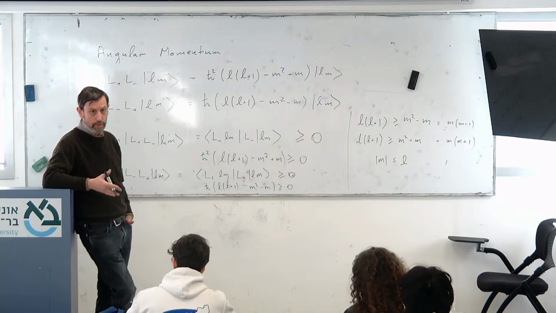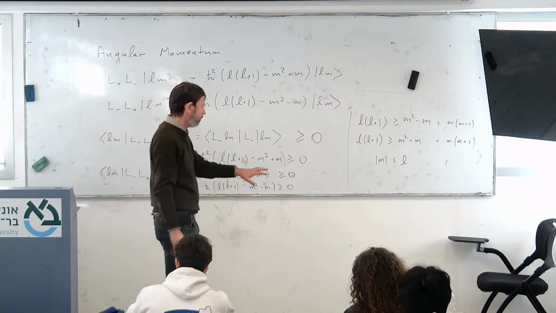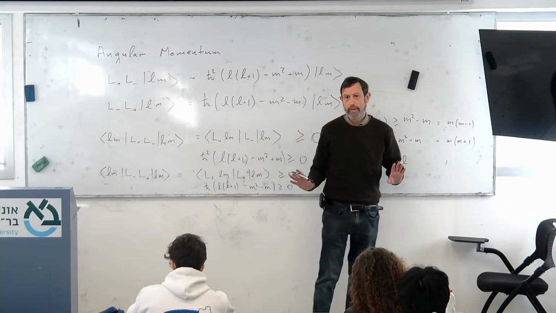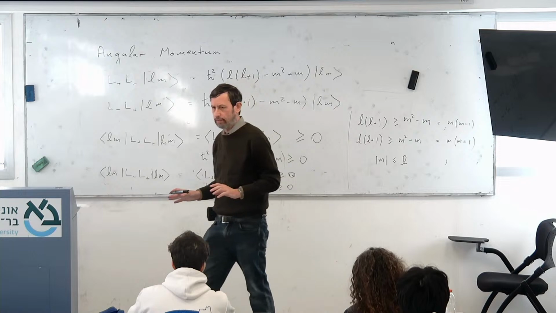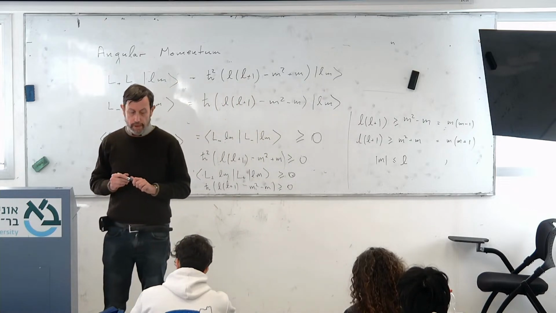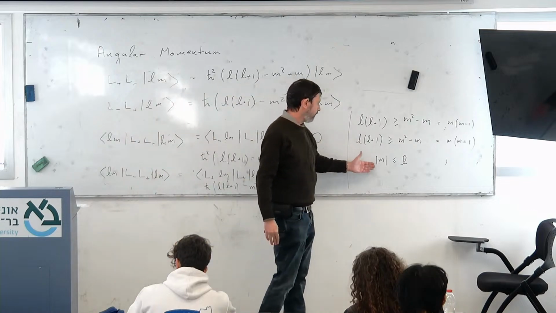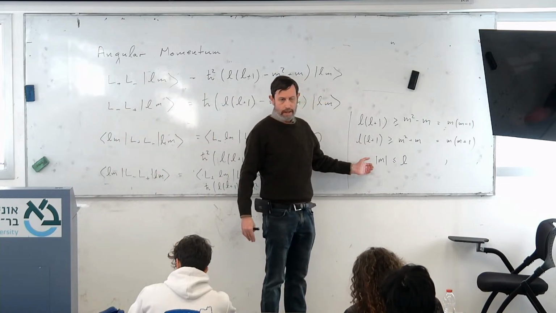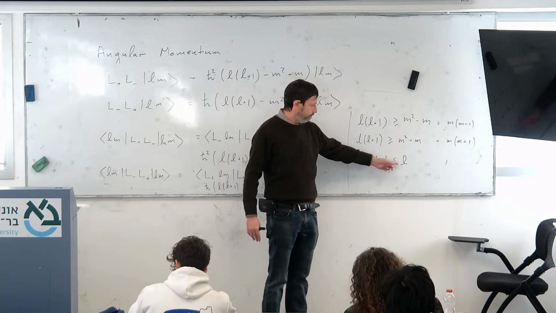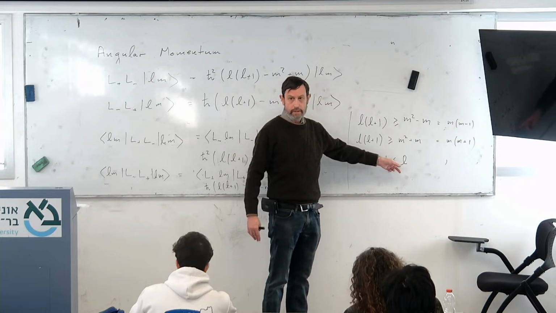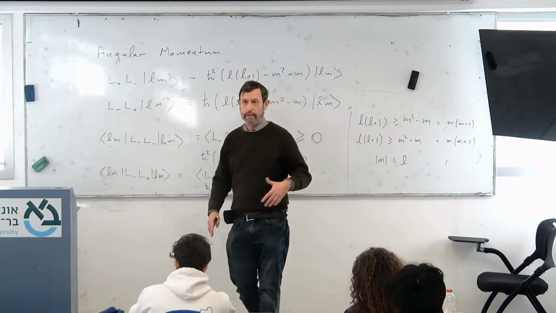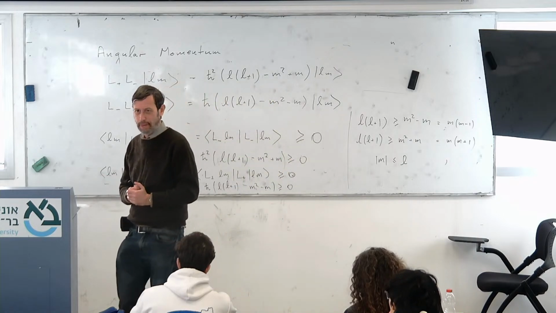So the degeneracy and everything that you have learned is a property of angular momentum, not of something else. In the next lecture, we'll see why L is actually an integer and not anything.